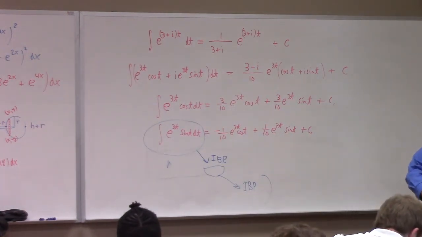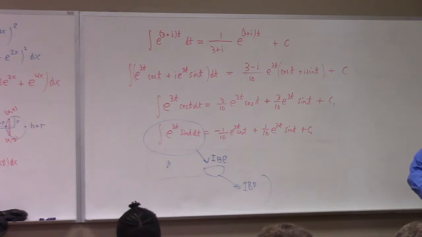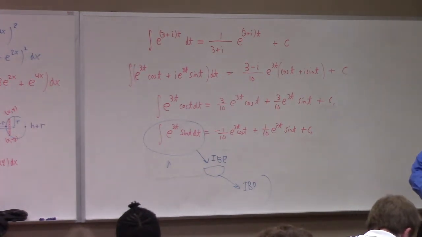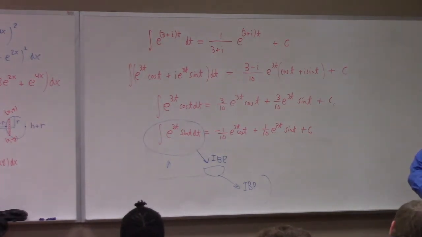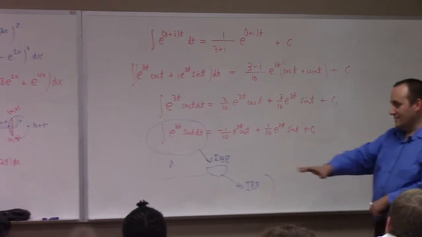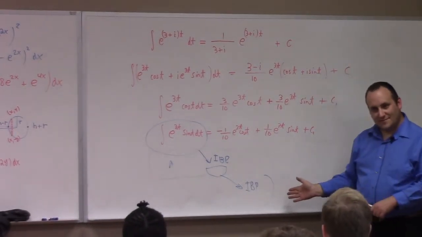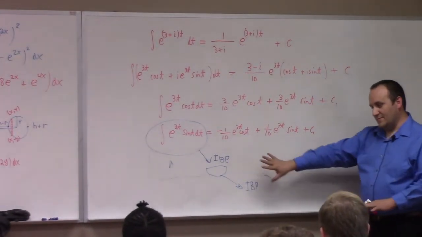Is that called something? Complex variables, I suppose. Just another one of the multifaceted applications of the imaginary exponential to make your life easier if you're willing. But you don't have to. You can integrate by parts 2 times. It's all good. You know this.